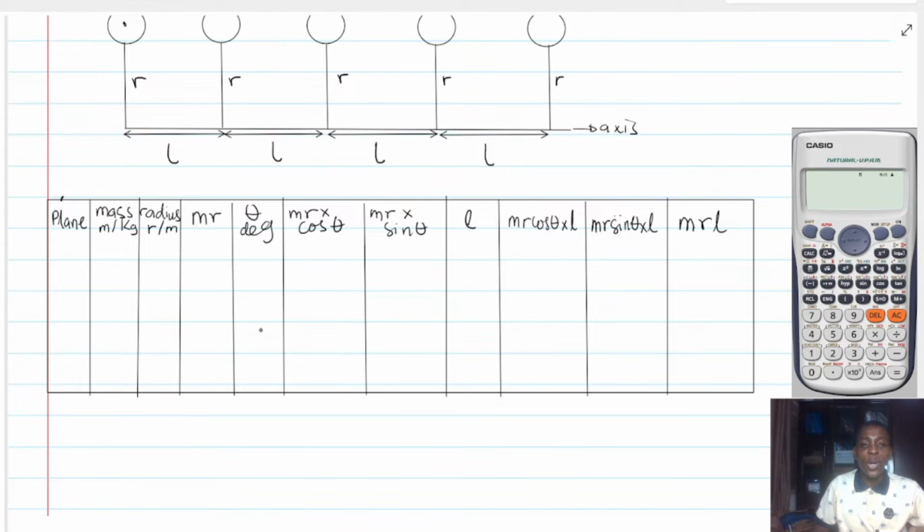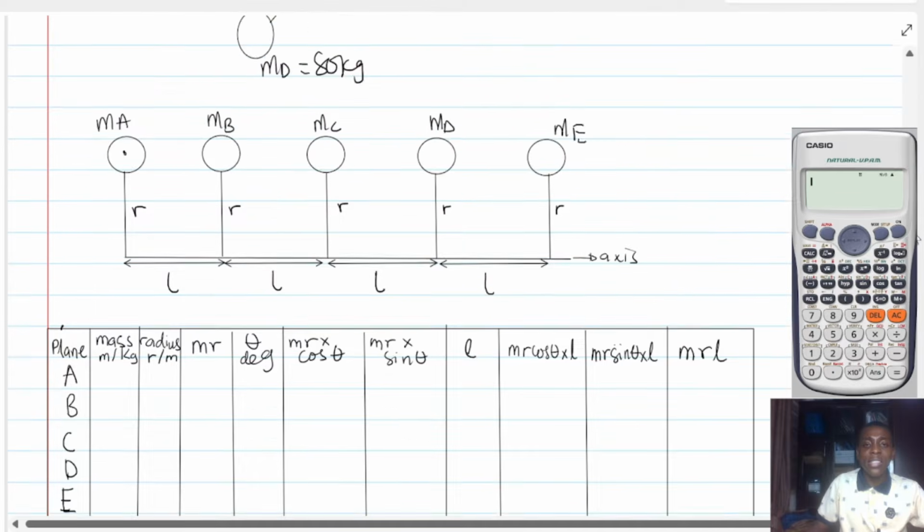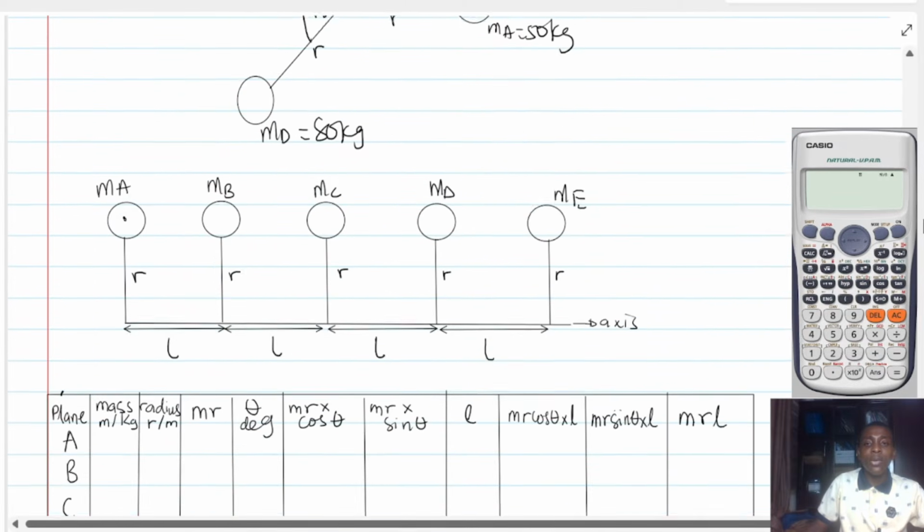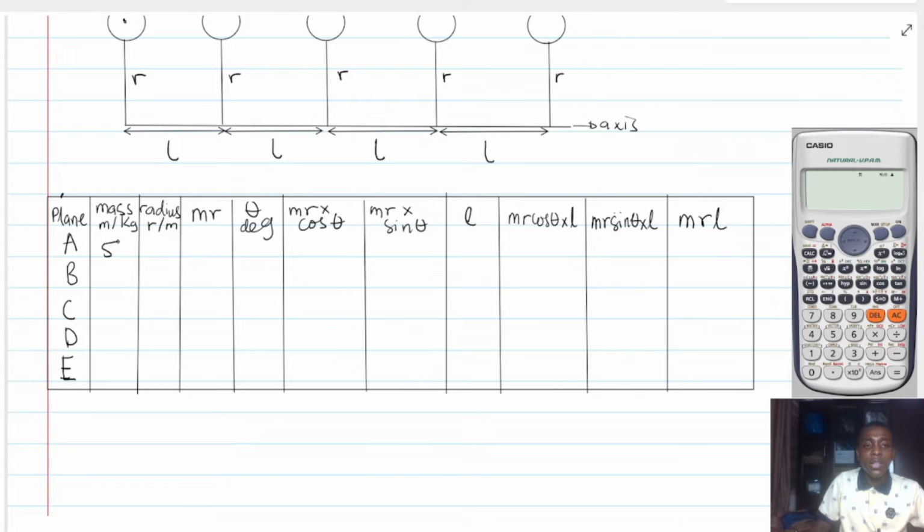Okay, so I believe you have drawn the table. So let's copy and complete the table. I have it here. So I have plane A, plane B, plane C, plane D, and plane E. And this plane contains masses. The first mass was given as 50 kilograms. So this is 50.